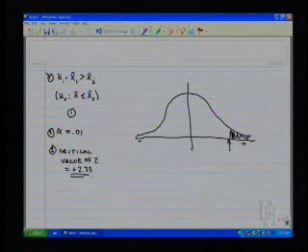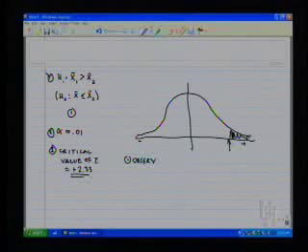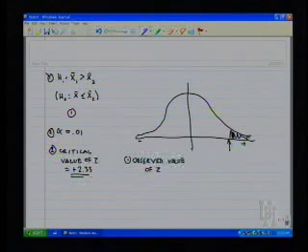You've now decided the critical value of Z. The second step is to determine the observed value of Z. And you do that by invoking the formula x bar 1 minus x bar 2 divided by the square root of the variance of the first group divided by n1 minus 1 plus the variance of the second group divided by n2 minus 1.